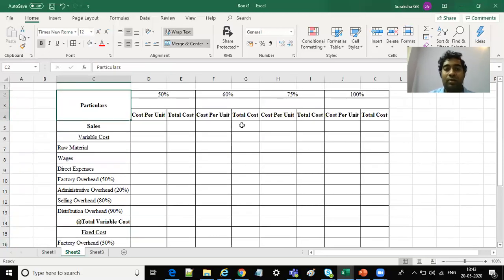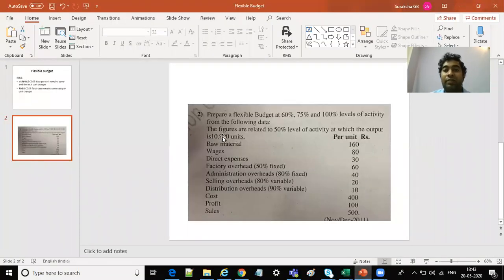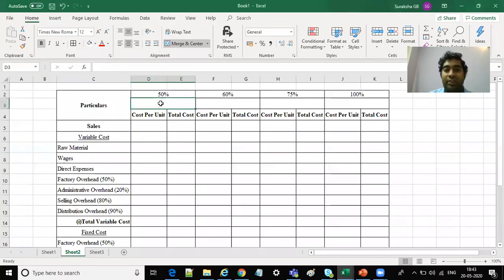Let us start the problem. First, we need to calculate the number of units at the 50%, 60%, 75% and 100% levels of activity. Now, you can see the problem. The figures are related to 50% level of activity at which the output is 10,000 units. So at 50% level of activity, the company is going to produce 10,000 units.